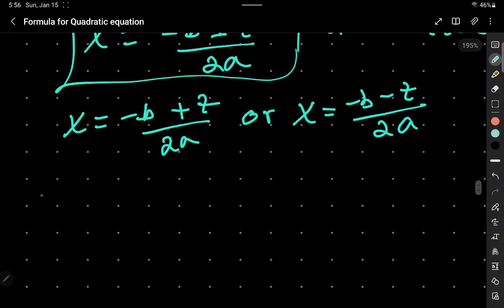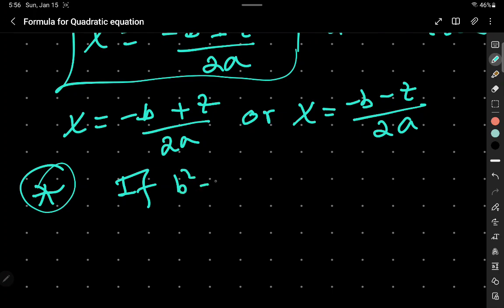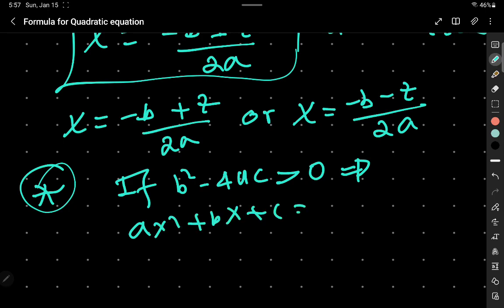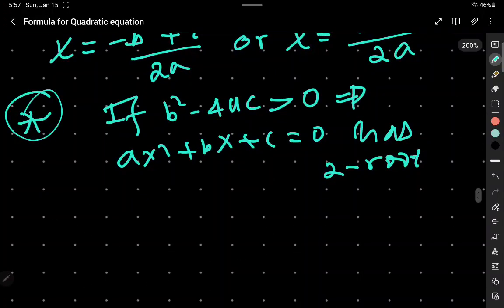Now remember, there are things to note. The first note is if b squared minus 4ac is greater than 0, this implies the quadratic expression ax squared plus bx plus c equal to 0 has two roots. Then how do you get those two roots?